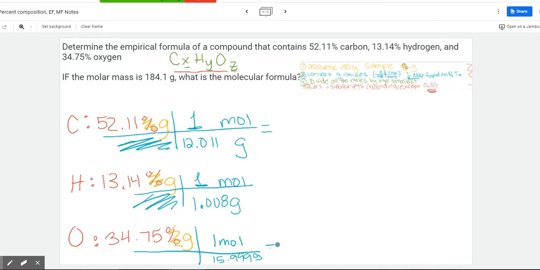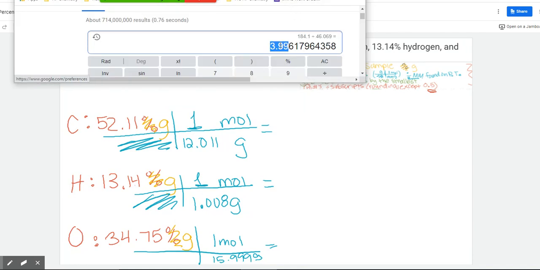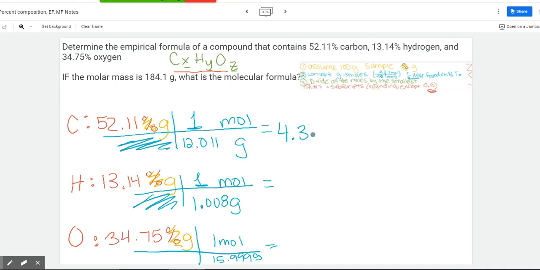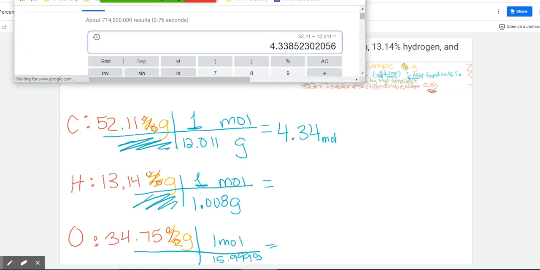So now we're going to plug those into the calculator. So we've now done this whole column. We're going to get those answers of moles, okay? So looking here, I have 52.11 times 1 divided by 12.011. And I have 4.338. So I'm going to go ahead and round that to 4.34 moles. Then we're going to do hydrogen next. So 13.14, we're going to divide it by that 1.008.